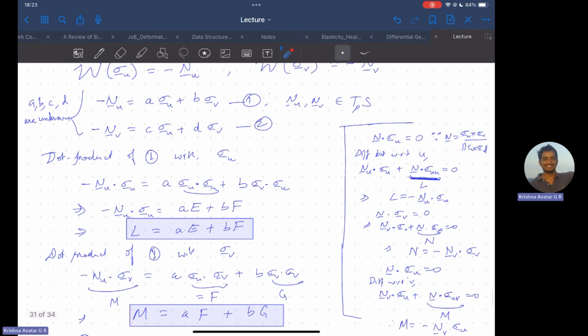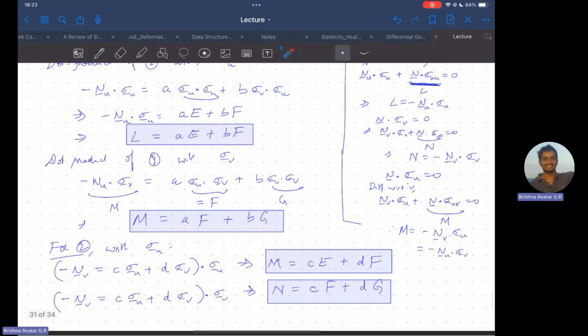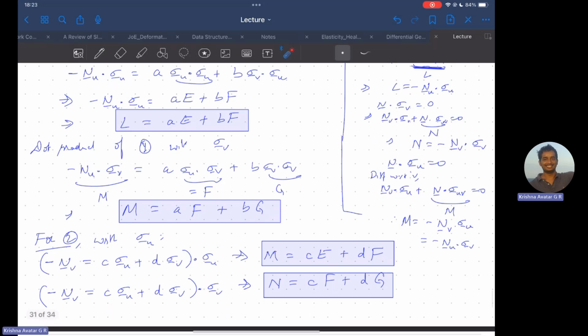Right? And taking the dot product with sigma u, sigma v respectively, and going through all this process, we get these four equations. Maybe I should mark them first equation, second, third, and fourth. Right, and recall that A, B, C, D are the quantities which are unknown to us as of now.